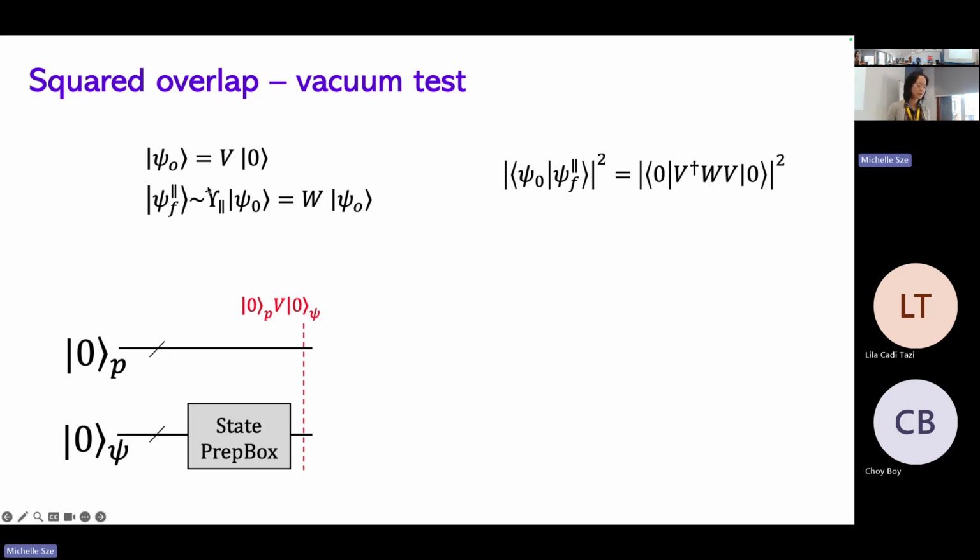So this is in effect your final state here. To take the squared overlap, we prepare the synod first by having this state preparation box.